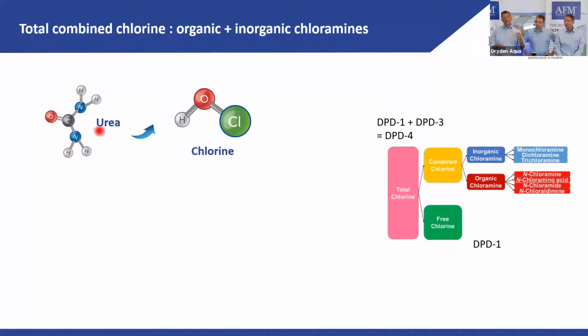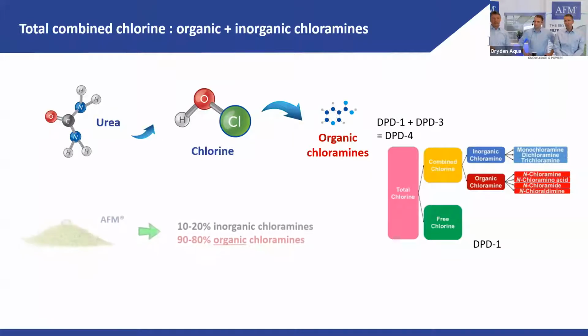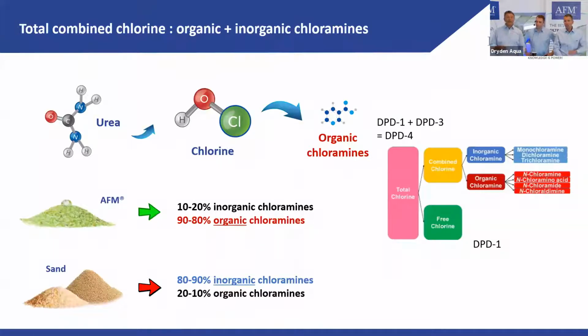It will not be converted to ammonia, so it will react with chlorine and create an organic chloramine. That means if you have an AFM system, 80% of your chloramines are organic. And in sand, it's just the opposite, 80% are inorganic.